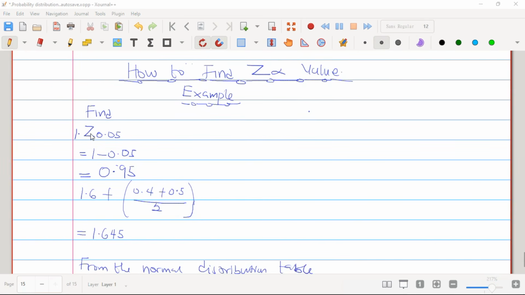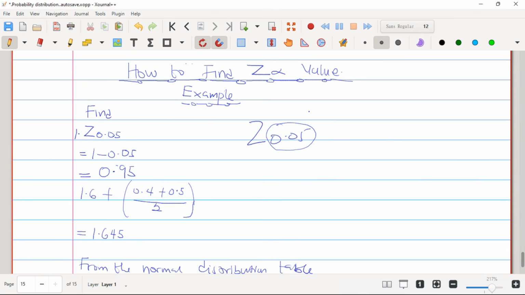So 1, our z subscript 0.05, right? I have been asked to solve for z subscript 0.05, right? So right now our concentration is supposed to be on the subscript, right?